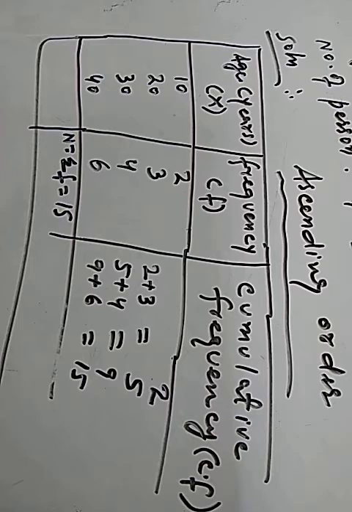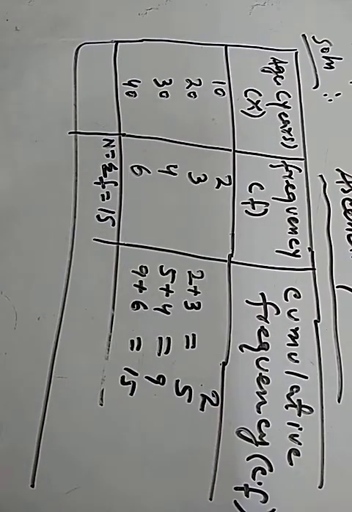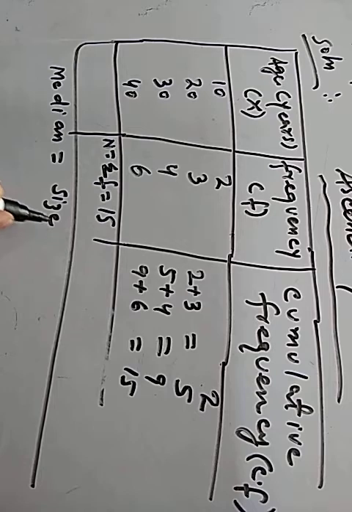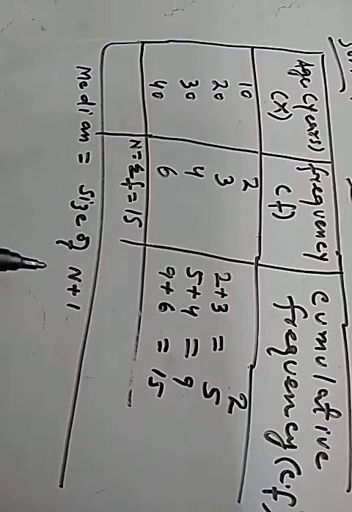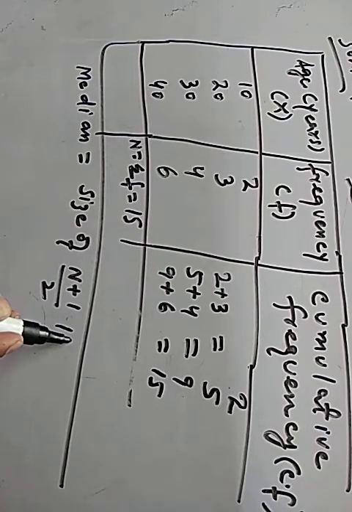Now the third step is to apply the formula of median. Formula of median in case of discrete series is equal to size of (n plus 1) divided by 2th item.